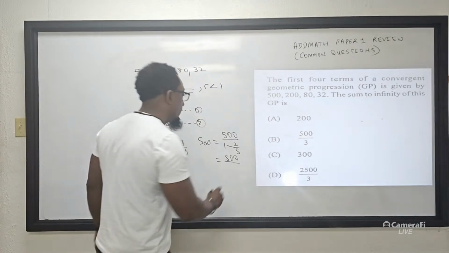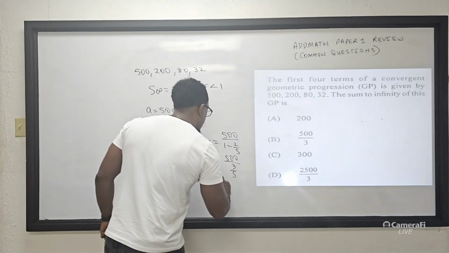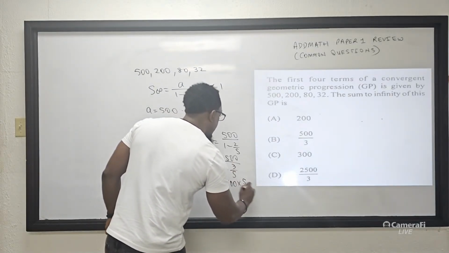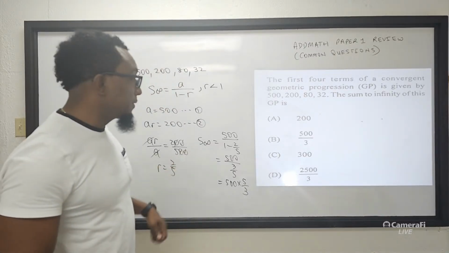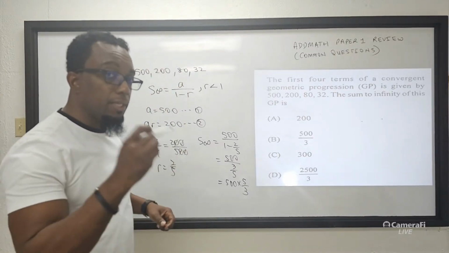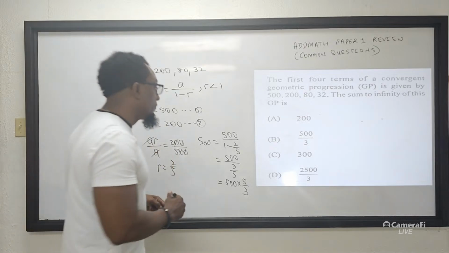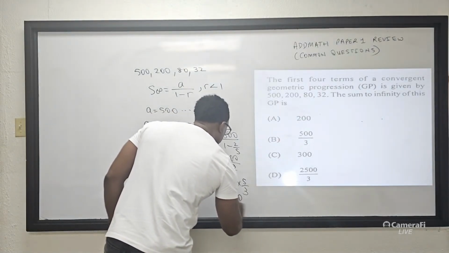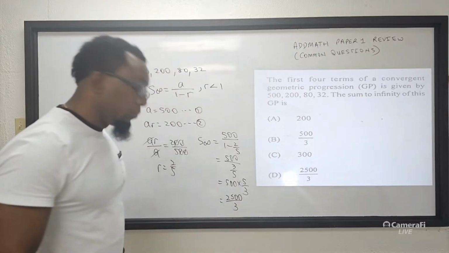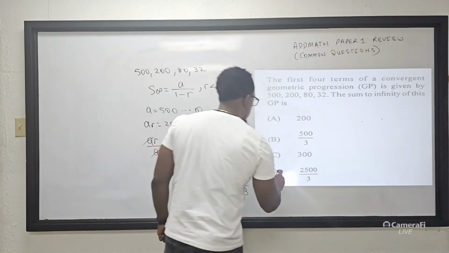That's 3 over 5. And that's 500 multiplied by 5 over 3. So 500 divided by 3 because it's the same as 500. Change the division to a multiplication and invert to become 2500 over 3, whose answer there is D.